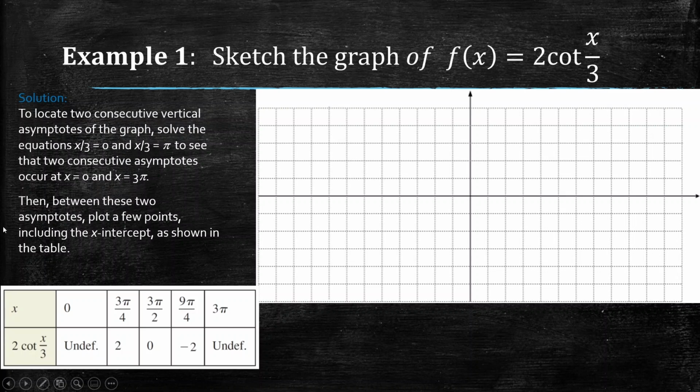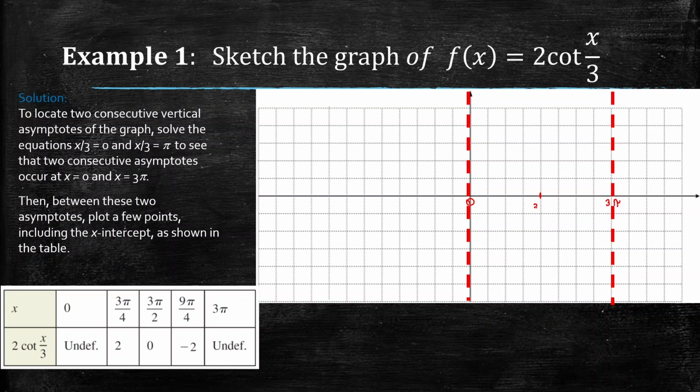So now I'm going to find those points. I'm going to go ahead and plot those asymptotes in here. And again, I'm going to mark that as this is 0, and this is at 3 pi. So halfway between the two, right here, is that midline point. It's 3 pi over 2, right? Just dividing this by 2.